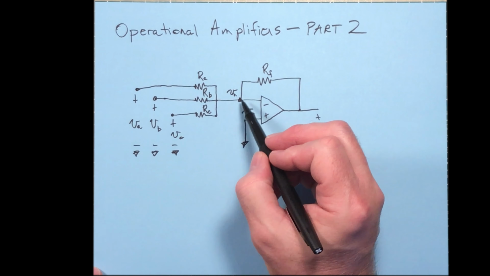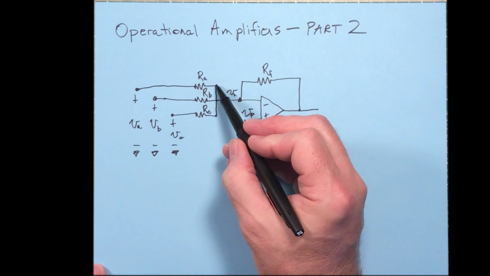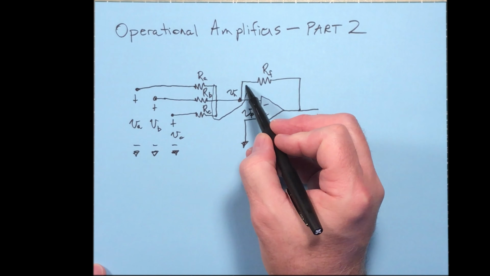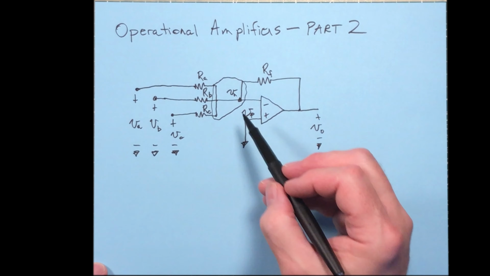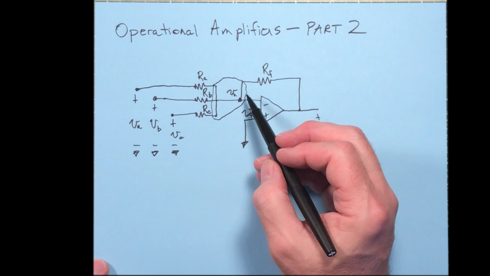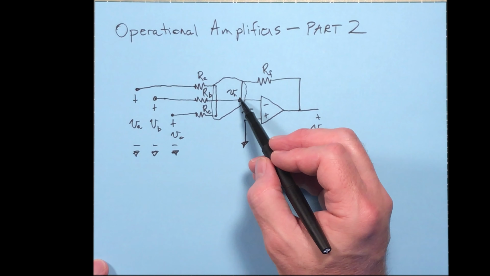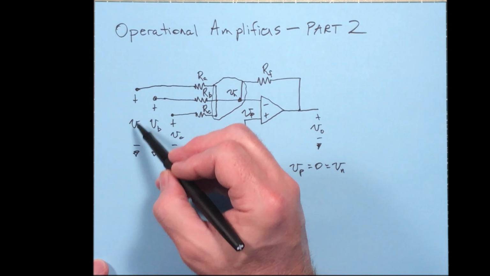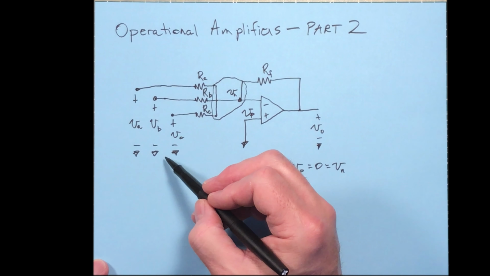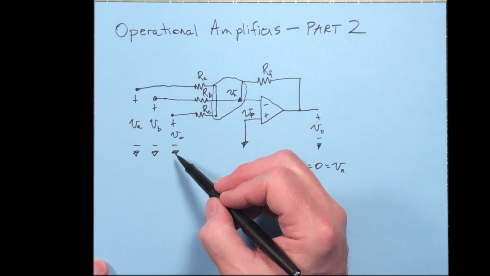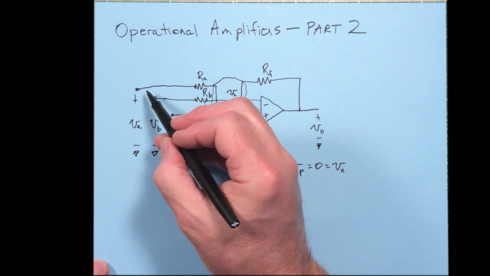Okay, so I'm looking up here at this node right here. All of this here is the same node. That's one node, and that is the V sub N node. So let's trace these currents back to the reference node through these resistors and through the sources. So let's go along the A side.